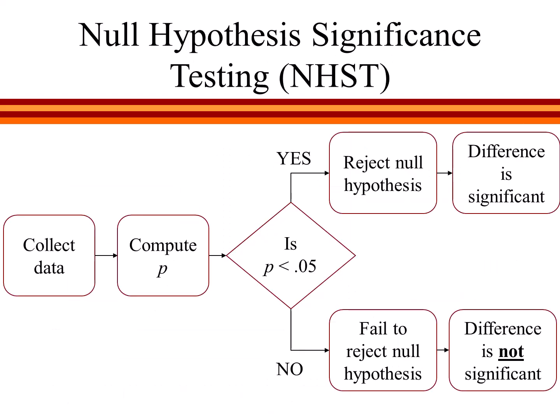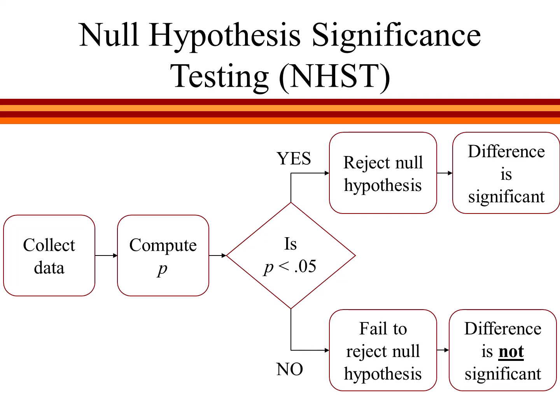The procedure we just went through is called null hypothesis significance testing. That's quite a mouthful, so sometimes we just abbreviate it as NHST. We start with a null hypothesis, the assumption that there really is no meaningful effect or relationship. And we then compare our data with that null hypothesis.